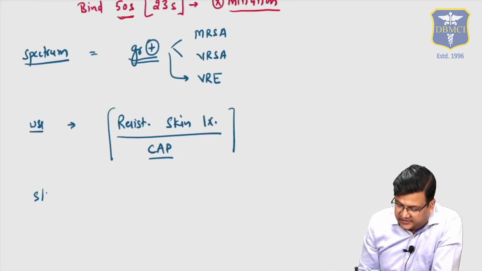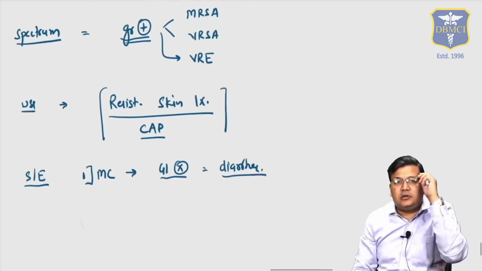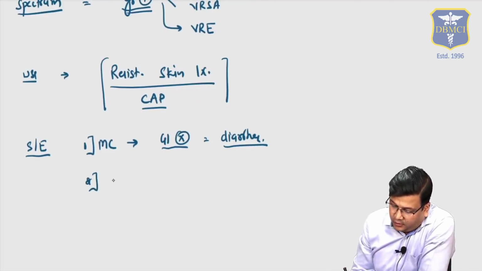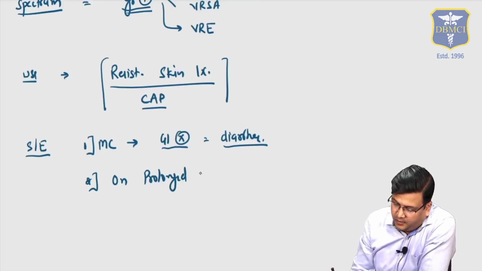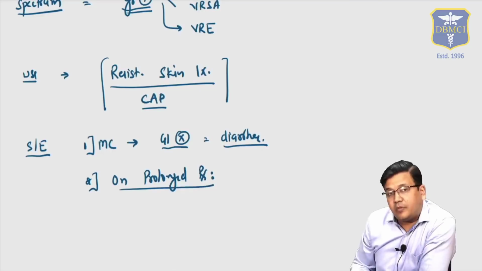The side effects, if we enumerate: the common side effects of these drugs are GI disturbances like diarrhea. So that is the common problem with linezolid. On prolonged therapy, some additional side effects can become apparent.